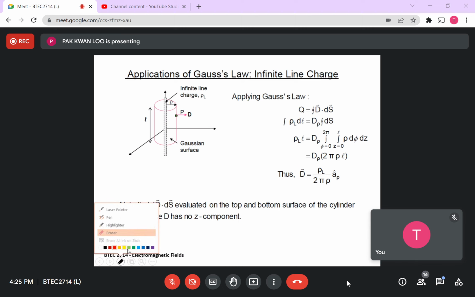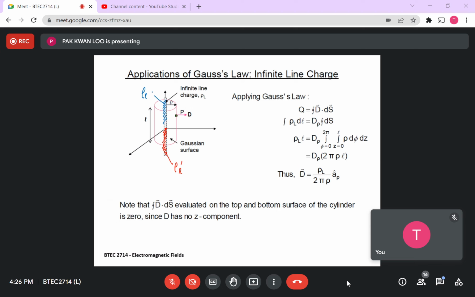So what I'm trying to say is, assuming the charge distribution is non-uniform, say half of this is rho l prime and the other half is rho l.